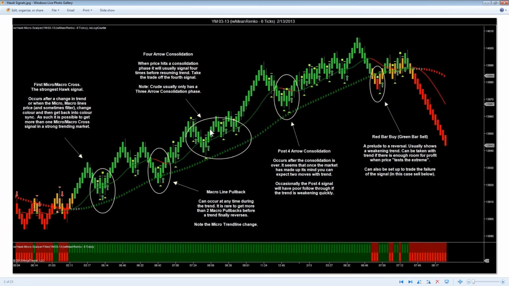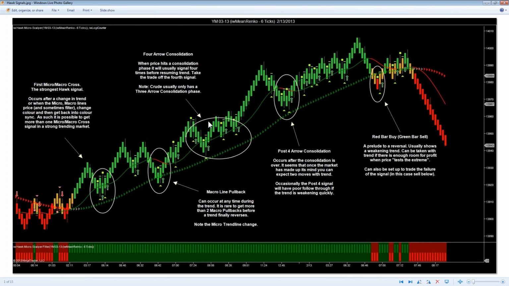It's not that difficult. It happens when the market starts to range. So a lot of times when the market first chooses a direction, it will range for a little bit, and typically it will produce 4 arrows before the next leg up or down, as the case may be. In crude oil, because crude oil tends to develop a little bit faster, we usually only get 3 signals.